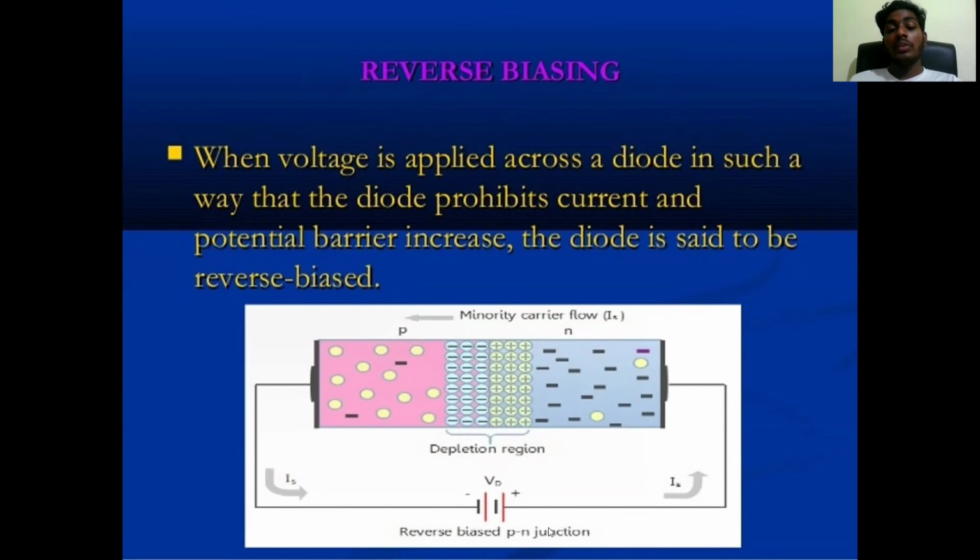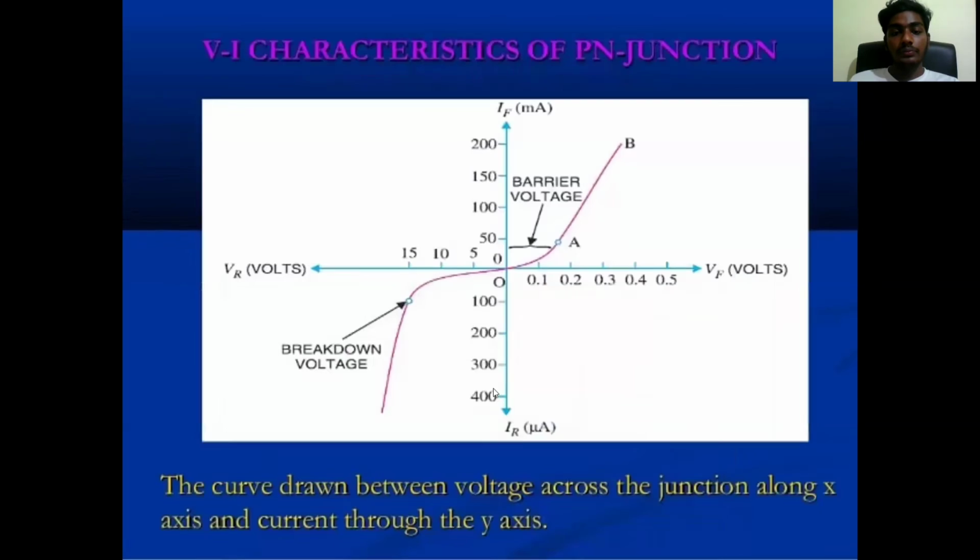This is reverse biased mode. Here the voltage is applied across a diode in such a way that the diode prohibits the current and potential barrier increases. Here see, potential barrier is increasing. The diode is said to be reverse biased.